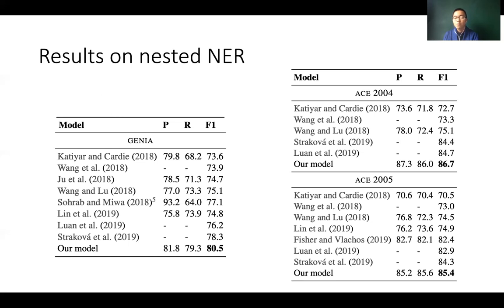As we can see from the table, our model always outperforms the previous state-of-the-art systems that also use contextual embeddings, such as BERT, ELMo, and so on, by a large margin, from at least 1 point up to more than 2 percentage points.